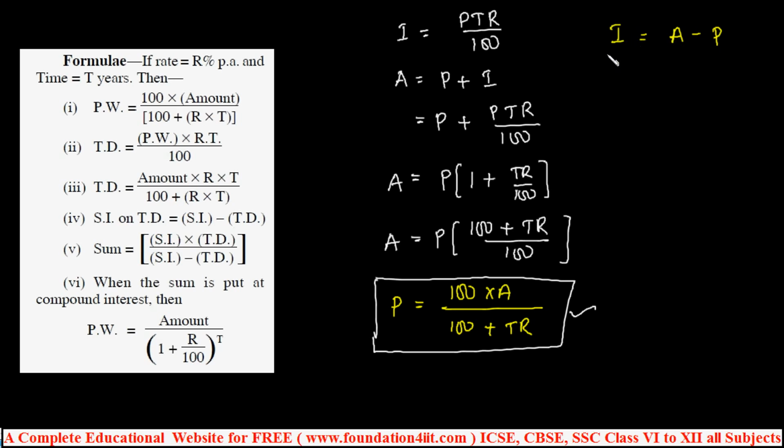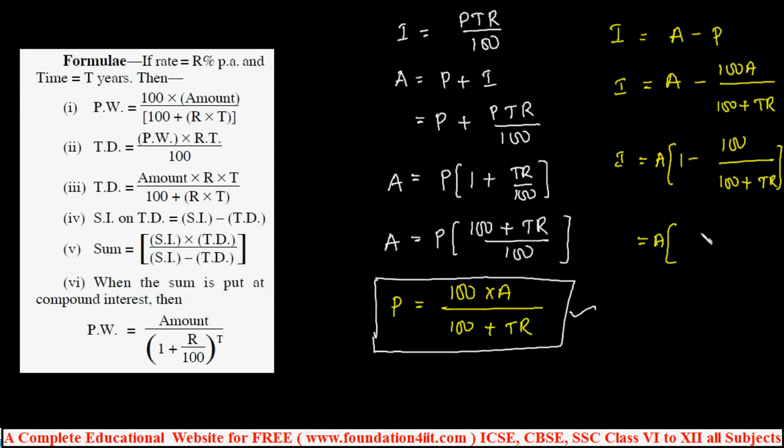The interest is nothing but the true discount in this concept. So A minus P, we already got P as 100A by 100 plus TR, that is I. Using this we can simplify. If you take A common, it is 1 minus 100 by 100 plus T into R.